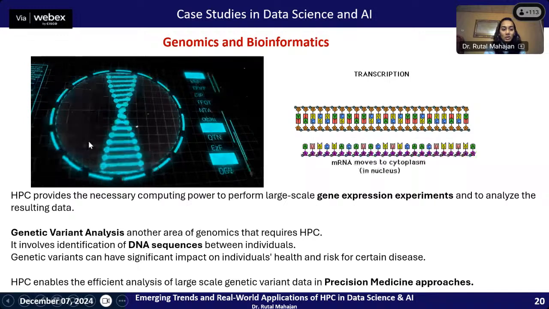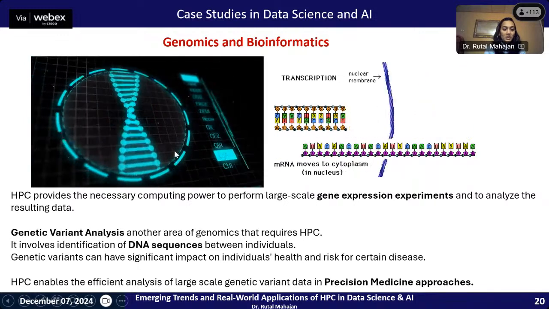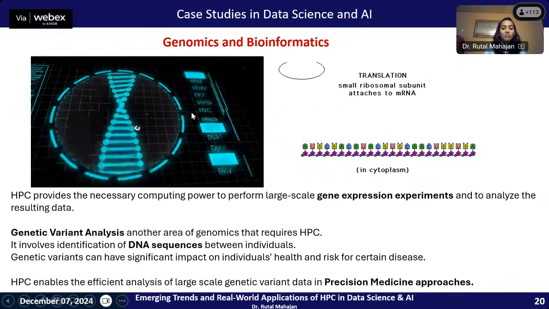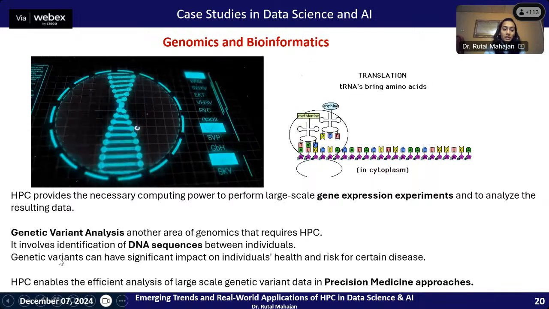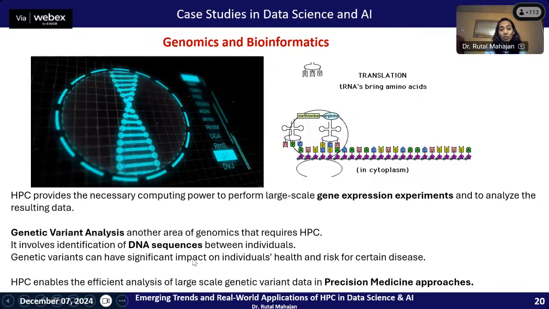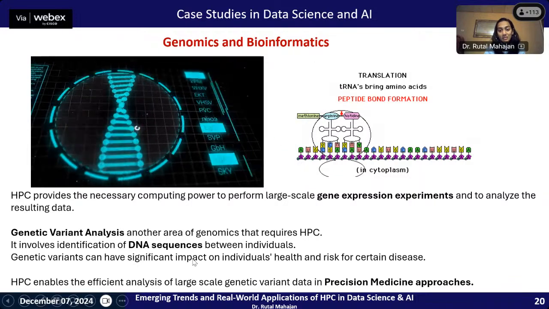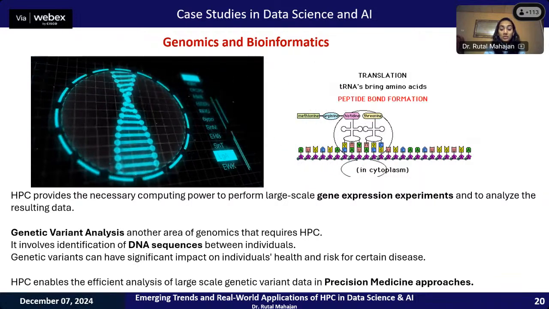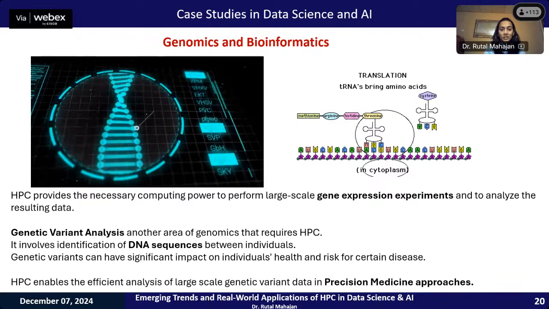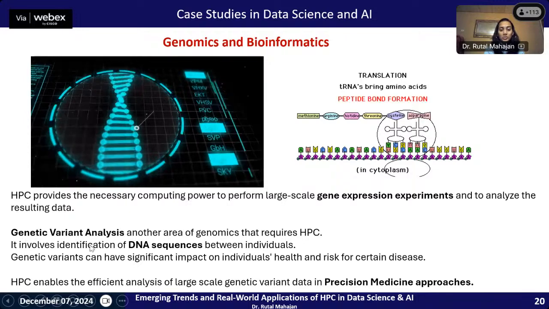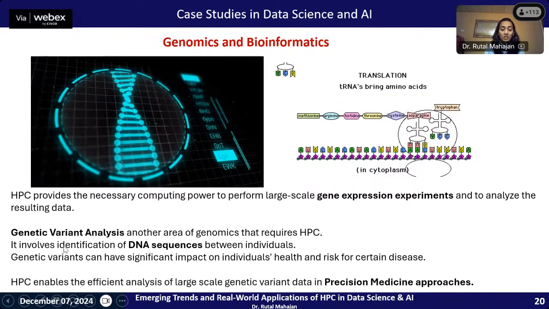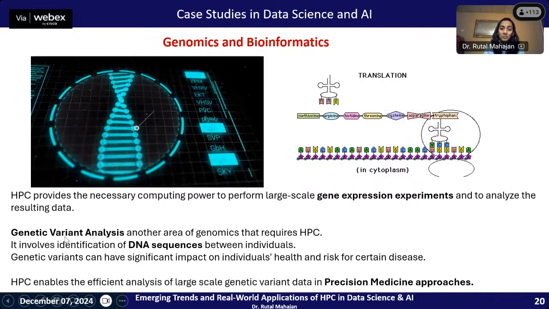Genetic variant analysis involves the identification of DNA sequence differences between individuals. These variants can have a significant impact on individuals' health and risk for certain diseases. To get insights from that, we need to process it, and it requires complex processing.